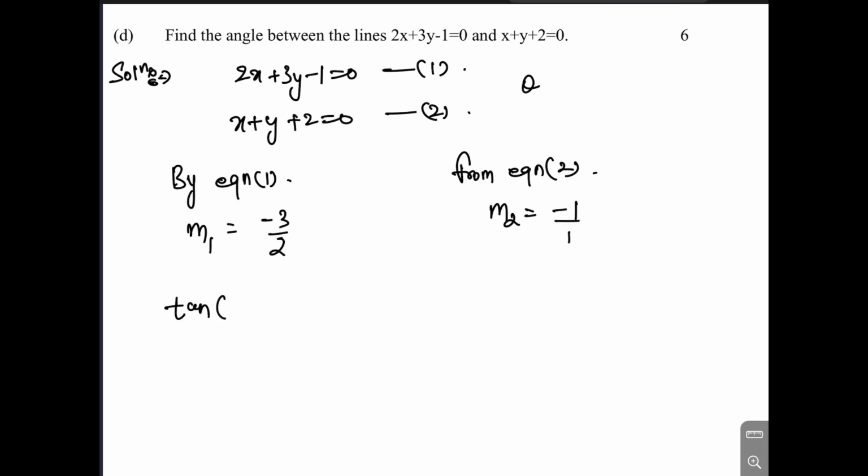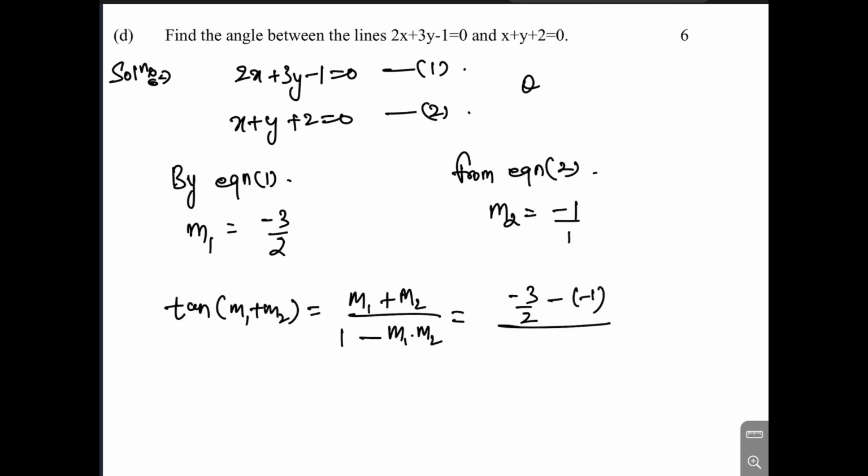So tan theta equals (m1 plus m2) divided by (1 minus m1 m2). Now we can substitute the values: (minus 3 by 2 minus 1) divided by (1 minus 3 by 2 into minus 1).